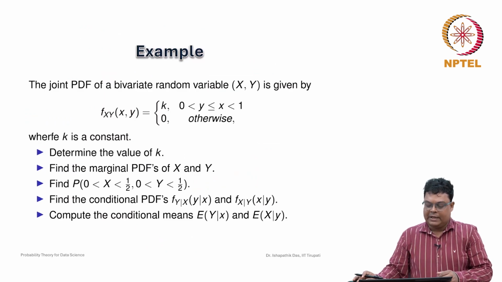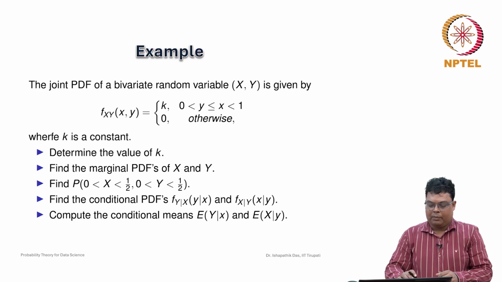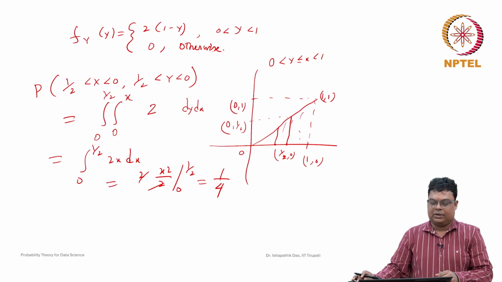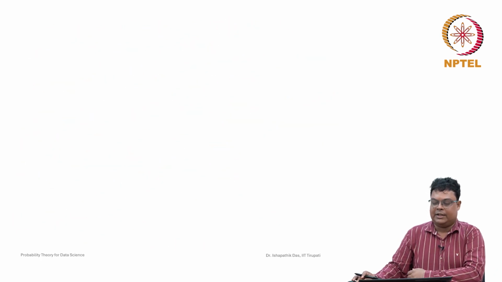Find the conditional probability density function of y given x. Before computing the conditional mean, we need the conditional probability density function. So how can we find it?